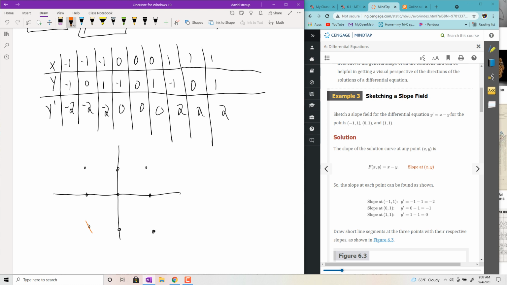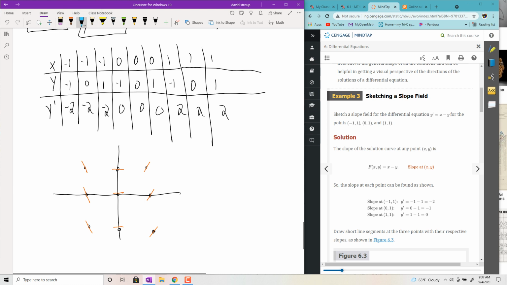Negative 1, 0, again, I have the slope mark like that, and then also at negative 1, 1. In the middle here, they're all 0, so 0 slope is just a horizontal. And then when x is 1, all the slopes are 2. So up 2 over 1, and you get this thing.